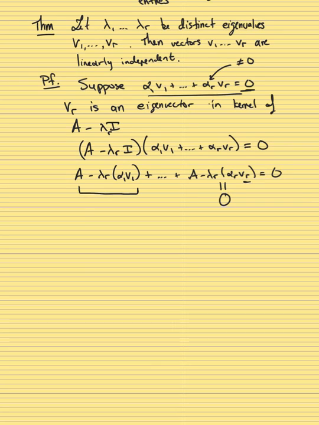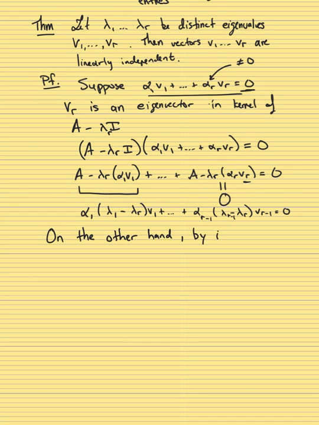So what you see is that this is equal to alpha 1 times lambda 1 minus lambda r times v1, all the way up to alpha r minus 1 times lambda r minus 1 minus lambda r times v r minus 1, and we get that this is 0. On the other hand, by induction, we can assume that v1 through v r minus 1 are linearly independent.